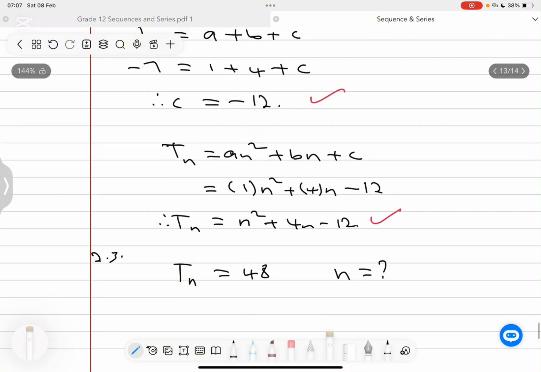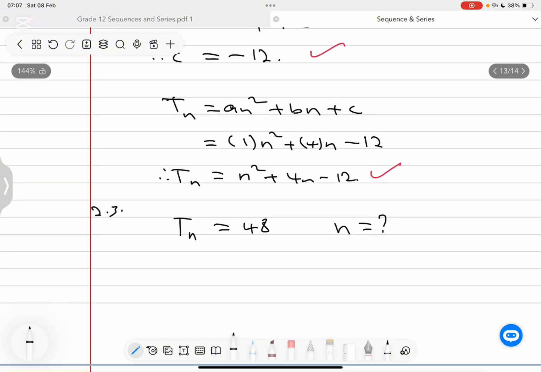Now, this is a really easy question to compute, because we are going to use our general formula to say Tn is equal to n squared plus 4n minus 12. And we are saying here that our Tn is actually equal to 48.